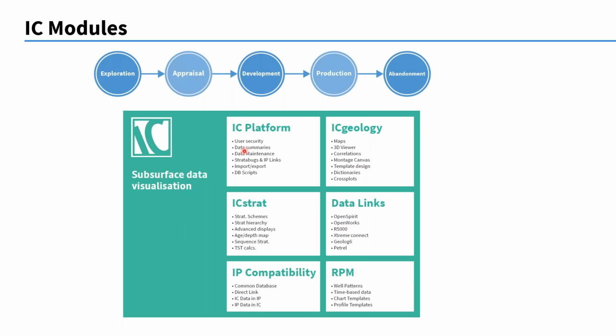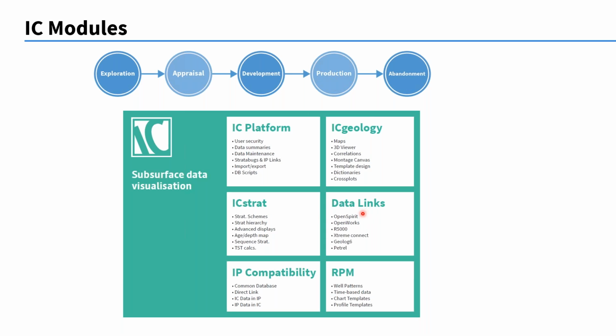So we have the IC platform that allows you to do things like data management or transfer data, or if you want to use any of the QC tools to QC your database. It also has the IC geology part for data visualization. It has the IC stratigraphy if you want to do stratigraphic awareness.